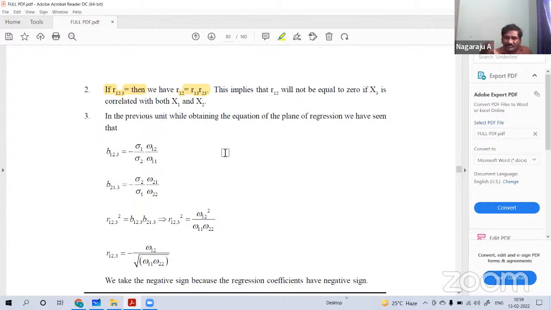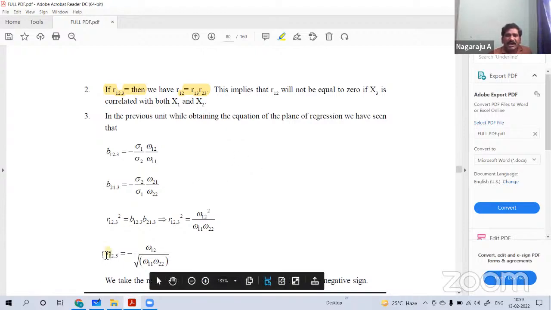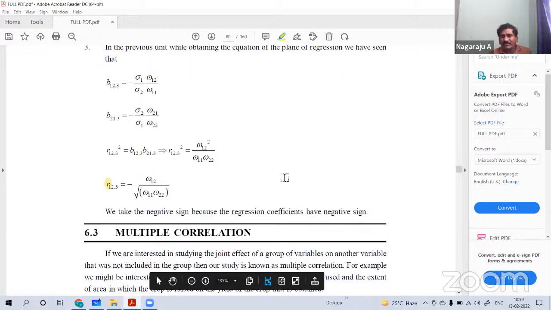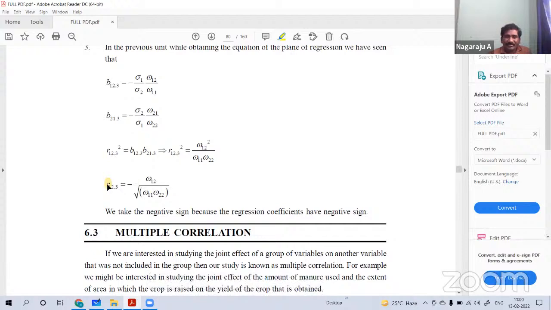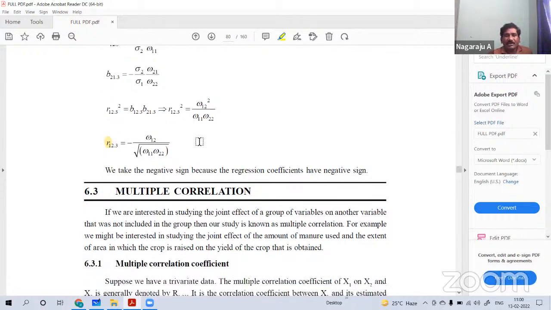These are observations on the total regression coefficient. If I want to identify the correlation coefficient R12.3, it is W12 by root of W11 into W22. This is the overall information.